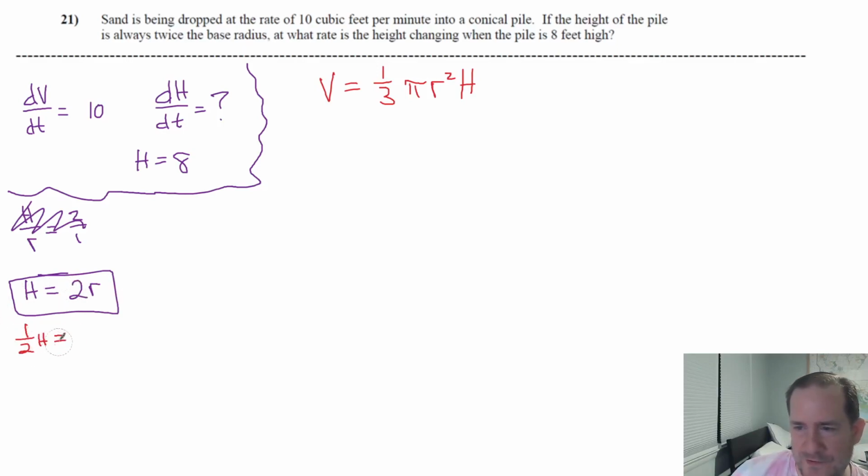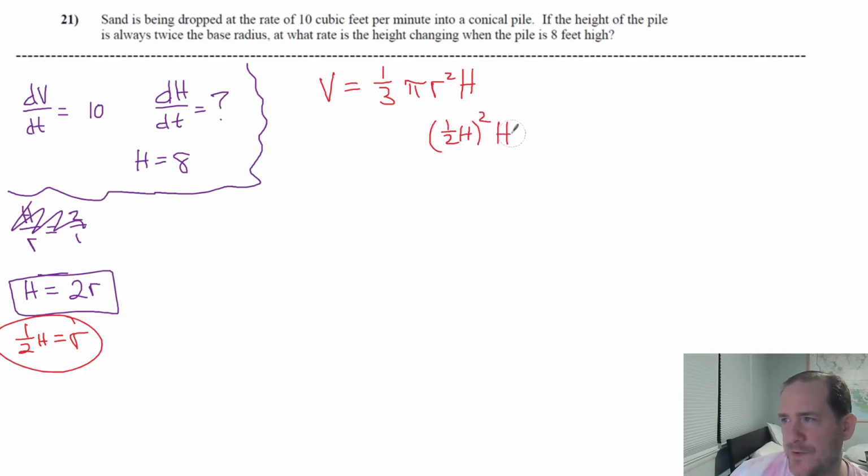But I want the conversion factor that says half of h is equal to r, so that I can come back up here and replace the r with 1/2 of h. That'll get squared times by h. That'll need a pi. I'll also need a 1/3. But there's everything. So clean this up. This will be 1/4 times 3 is 1/12 times pi times an h, that is cubed.